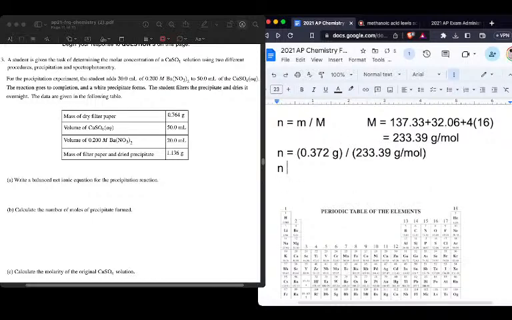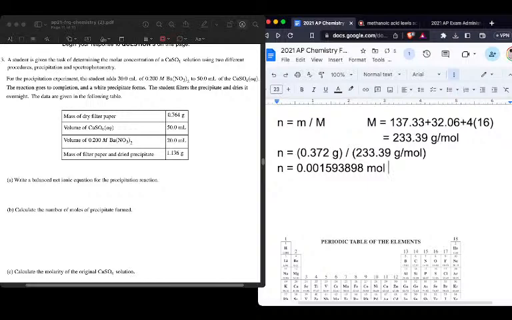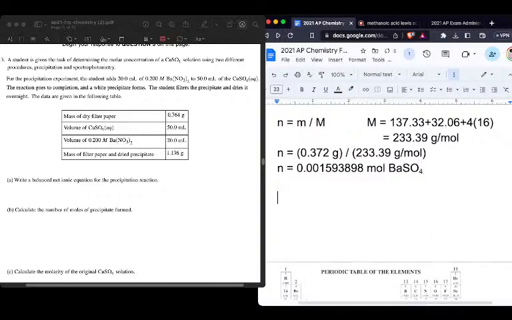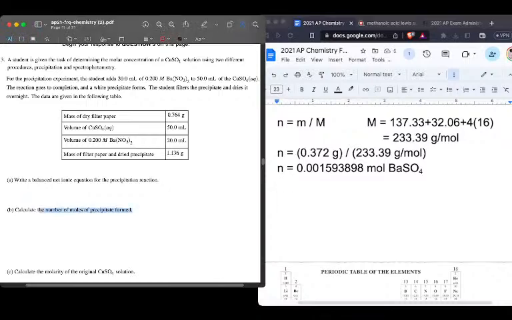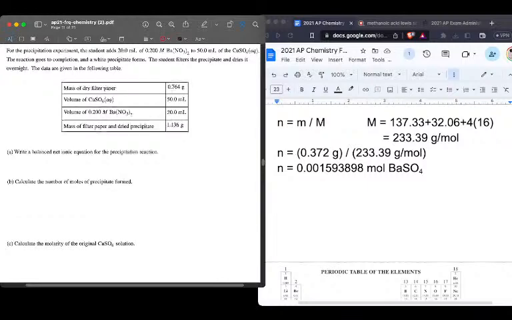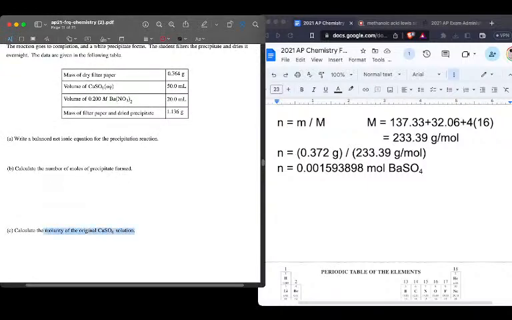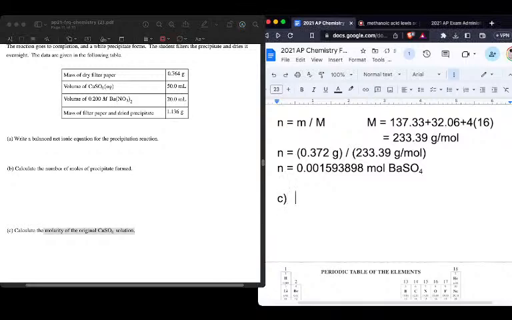And so I can calculate my number of moles by just doing that division. 0.001593898 moles. And just to be explicit, this is of barium sulfate. That's all they wanted: the number of moles of precipitate formed. Done. Then they want the molarity of the original CuSO4 solution.